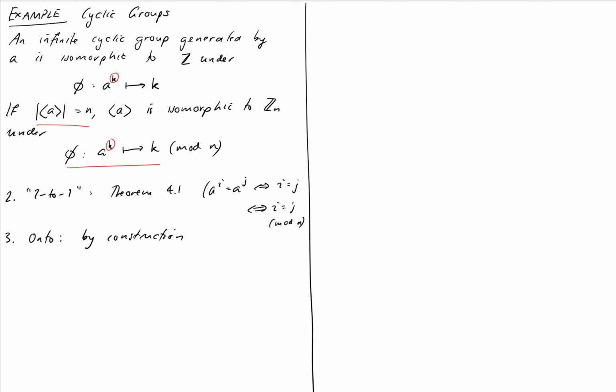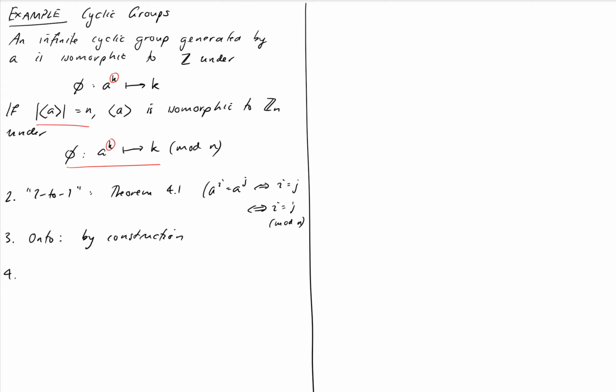So onto-ness there's not really anything to do here, so we'll just say that one is by construction. You can't come up with an integer k for which there is no element a to the k, because a to the k includes the k in its definition. Okay, so the piece we actually have to check is that our operation is operation preserving.